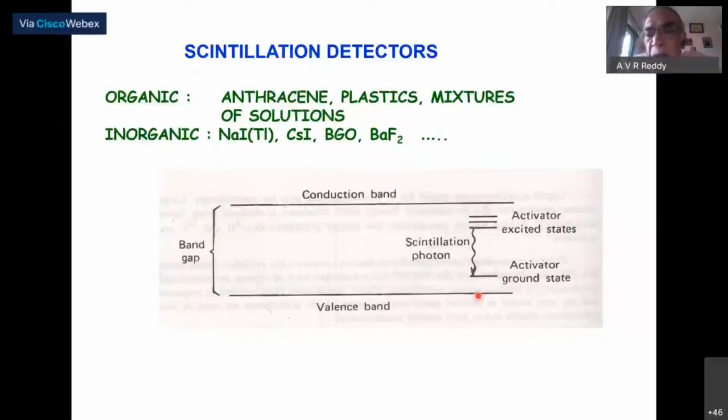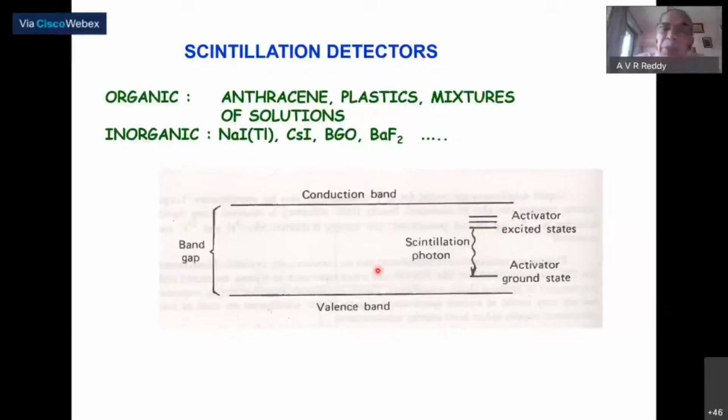This may, in the path, go here and ionize the ground state activator ion, and that creates an excited state of the activator, which reaches here. And when it is de-exciting, that also can emit a photon that corresponds to the visible region.